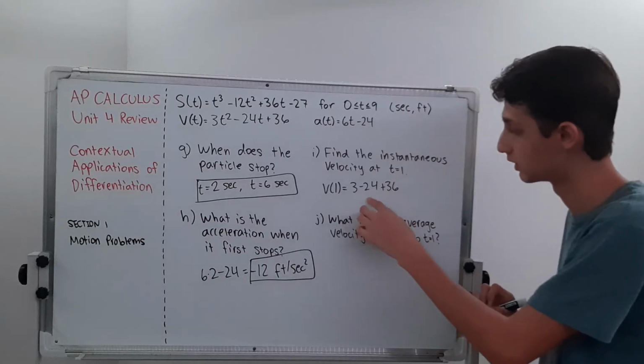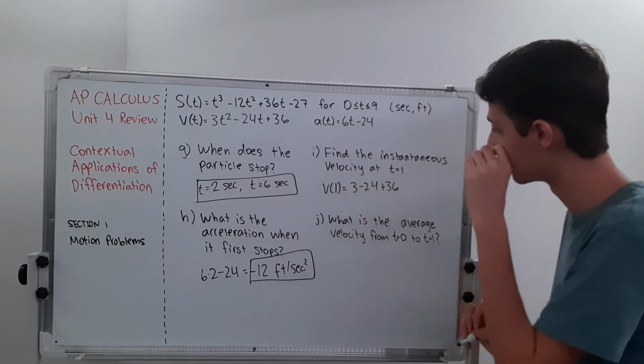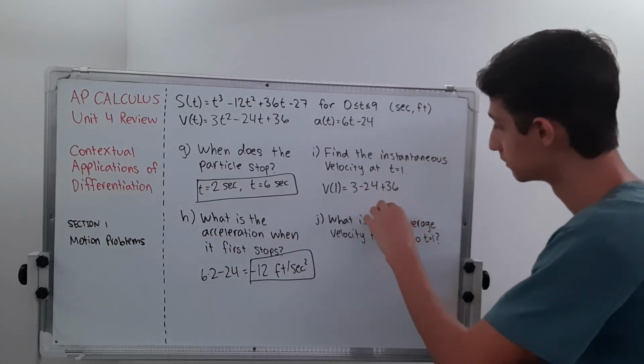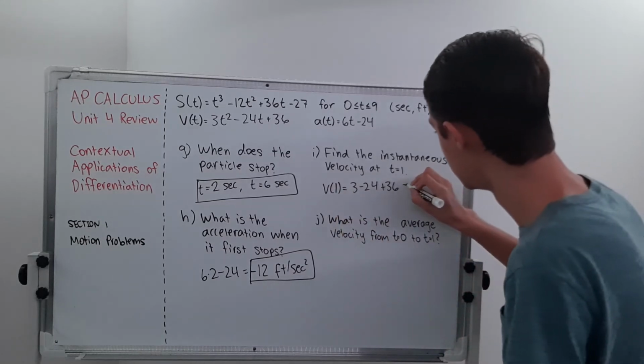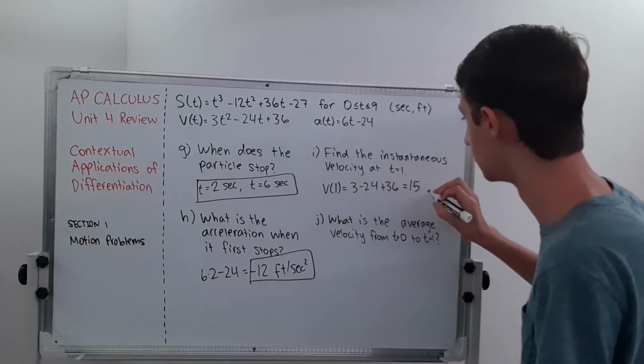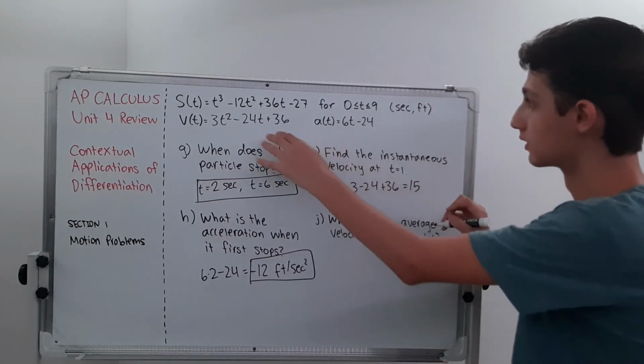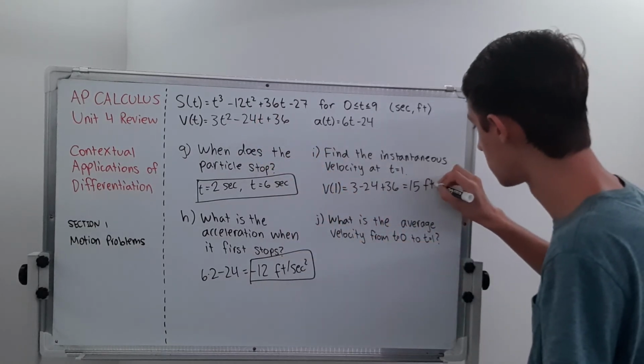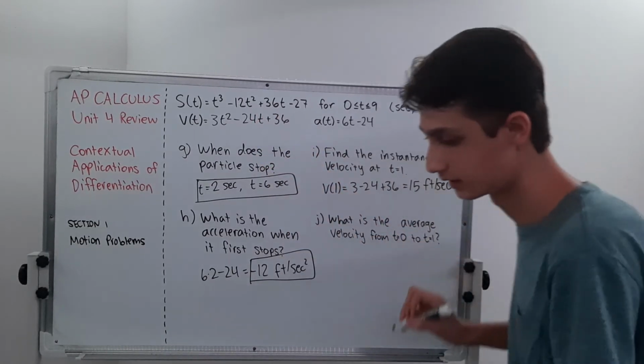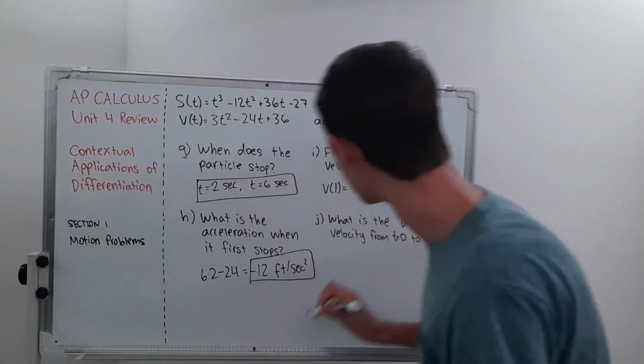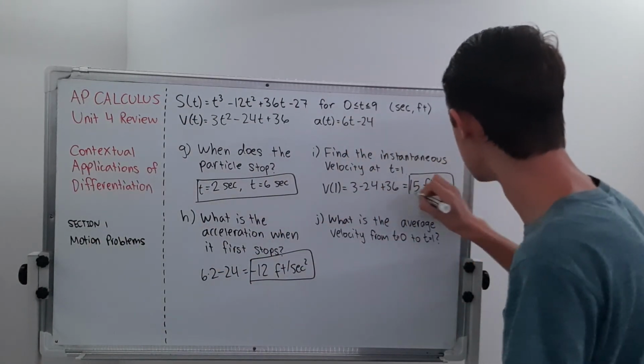So 36 minus 24 is 12, and then plus 3 equals 15. And the velocity is going to be feet per second. I'm feeling that's not right. It is right. Okay, cool. So yeah, it's 15 feet per second.